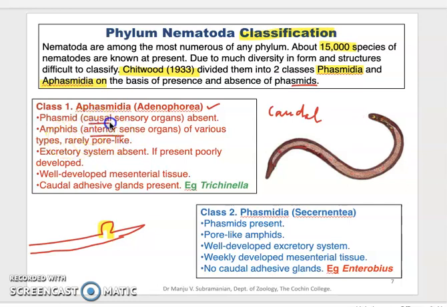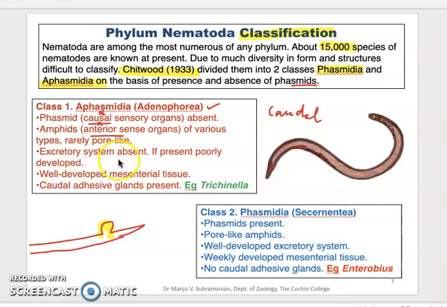So based upon the position, they are classified. Amphids are also of various types, and rarely pore-like.